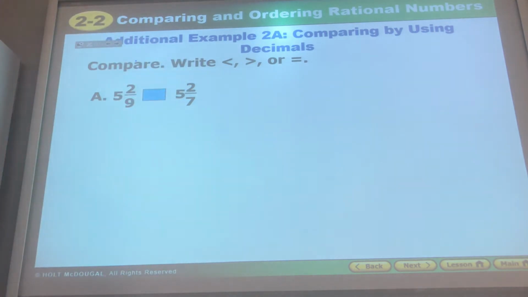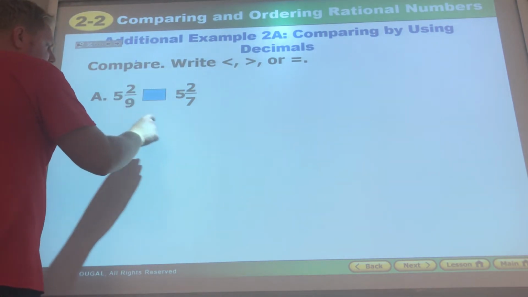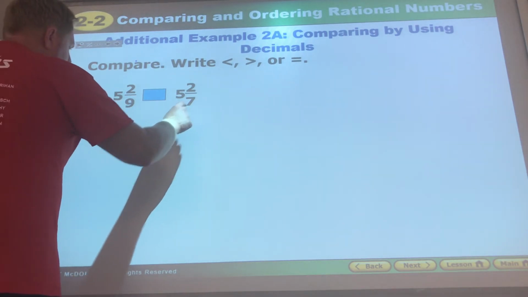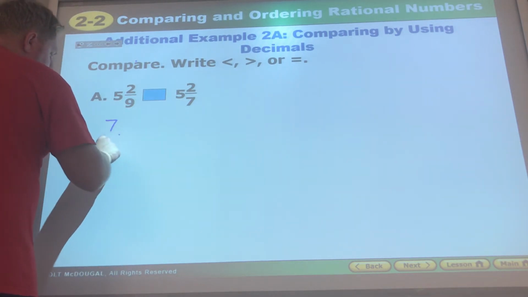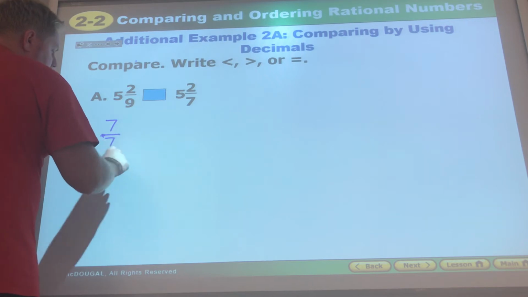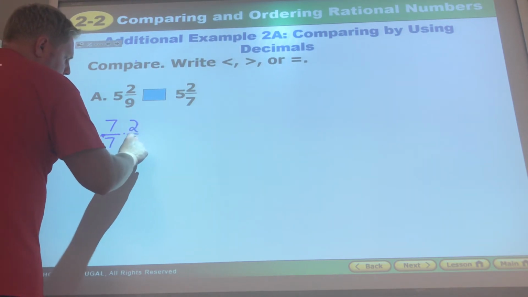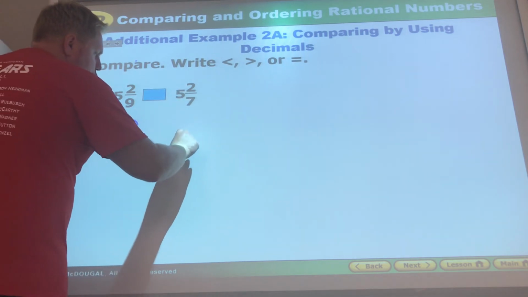Well, I know that 9 and 7 will both go into certain numbers. All right? I know that they both go into 63, or I can simply use 7 over 7 times 2/9, and 2/7.